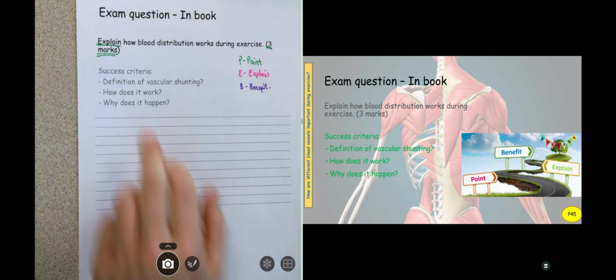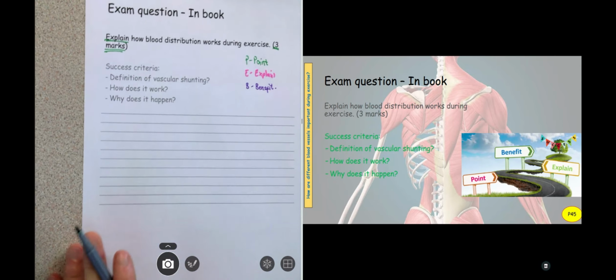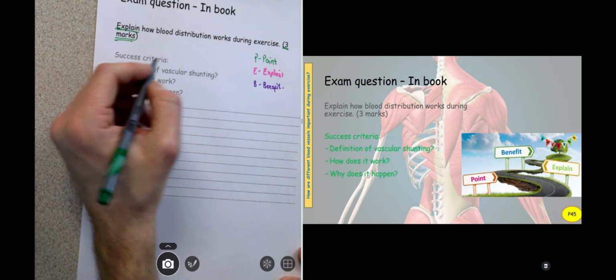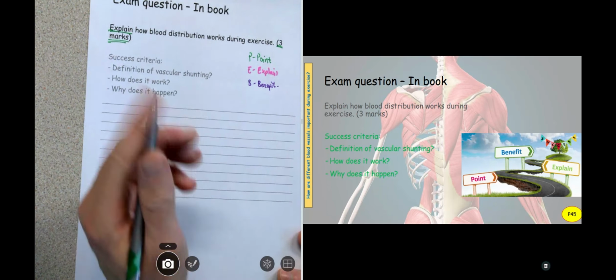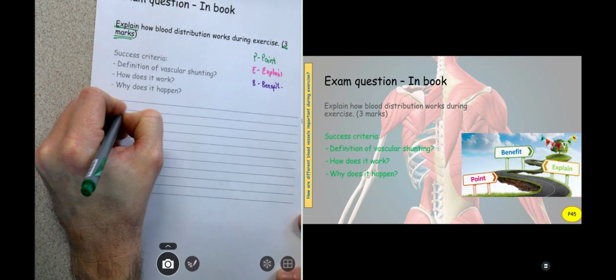So my point here will be, can I give a definition of vascular shunting? That's me talking about the key word that's been used in the question. So blood distribution, the key word is vascular shunting.